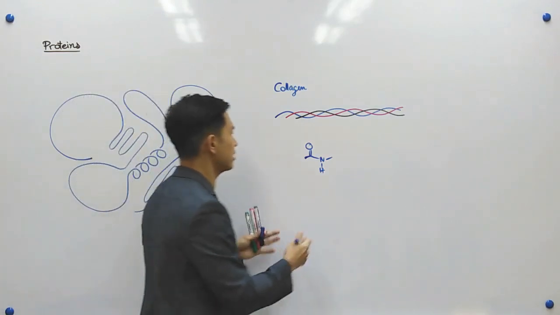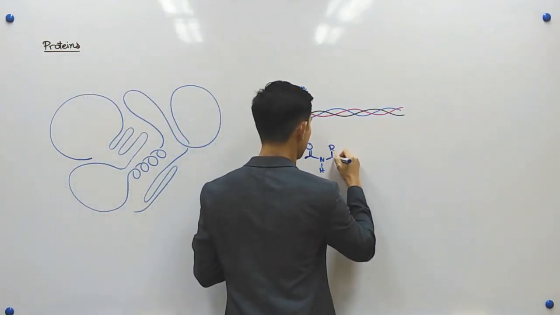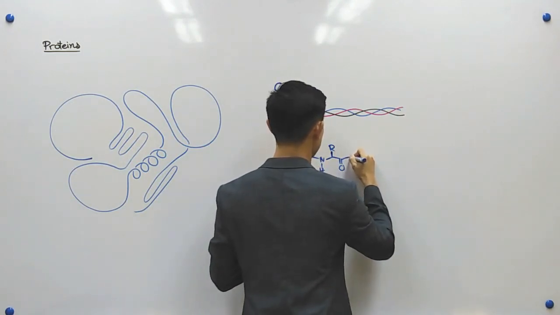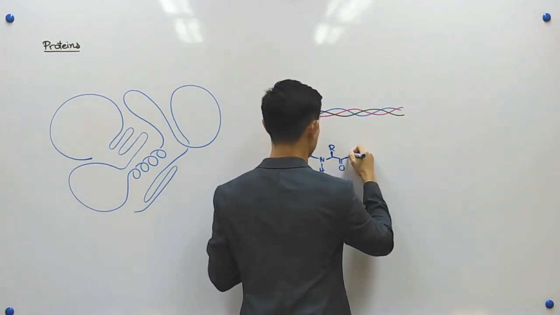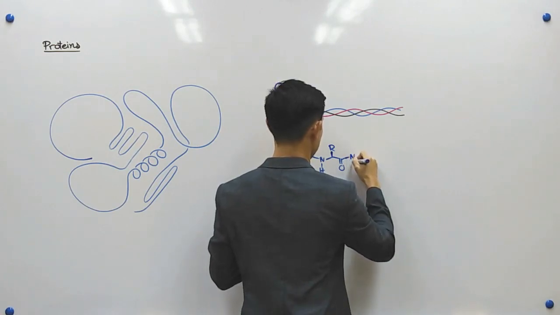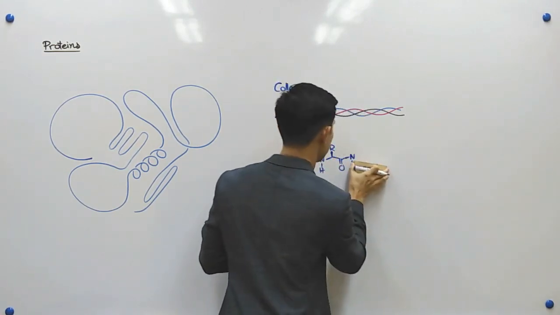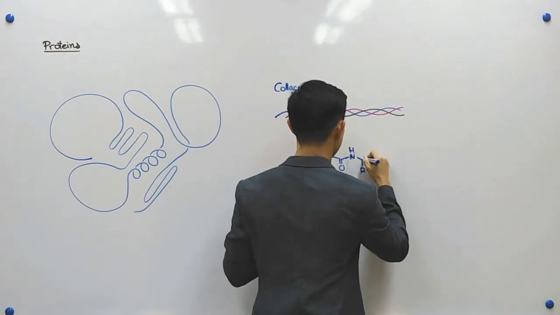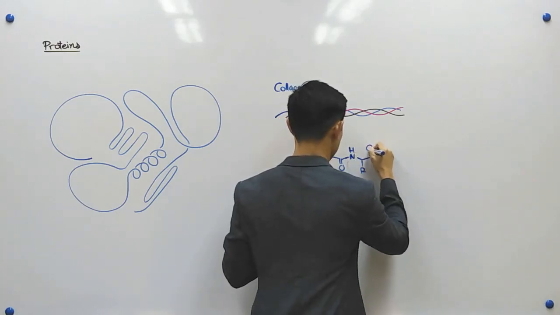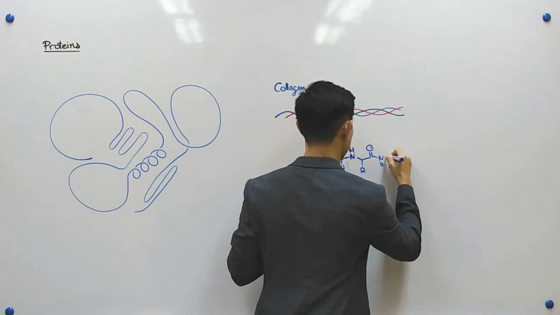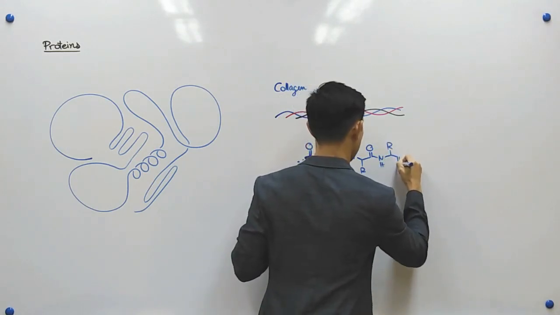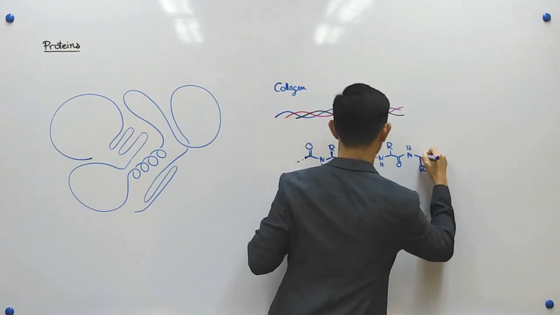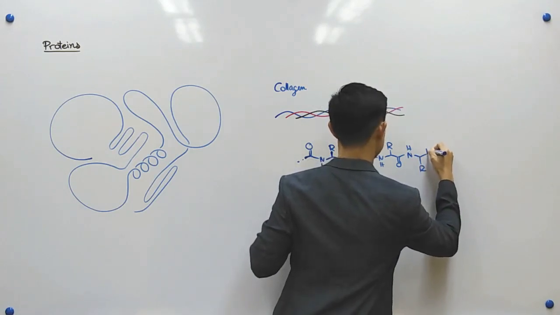So after they condense together like this, what we can see is they come together in a repetitive unit with a well organized order. I would draw it like this.